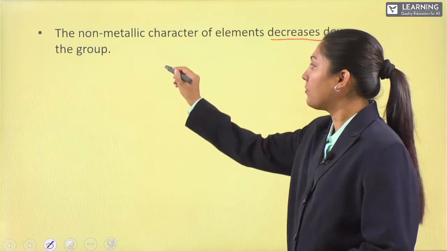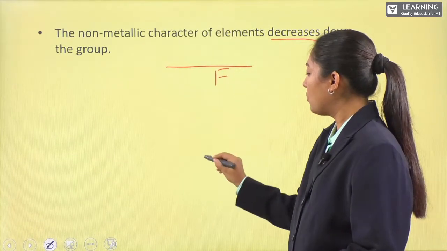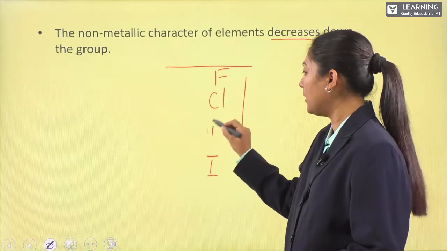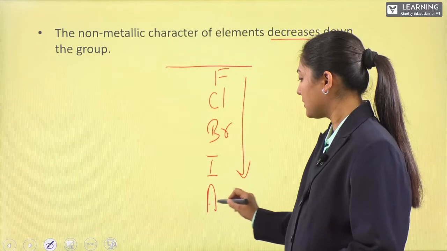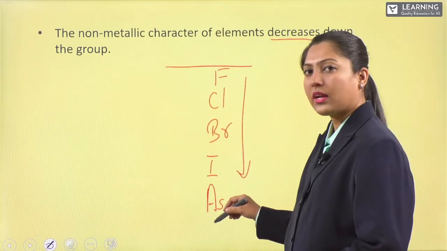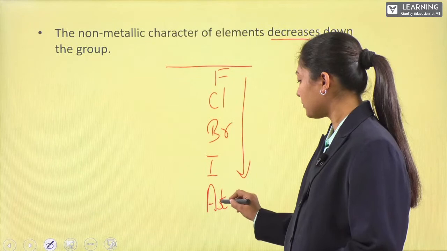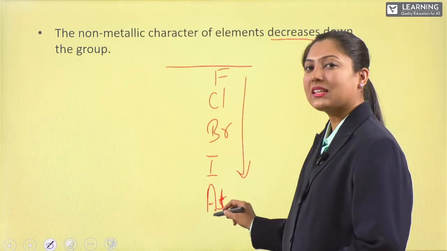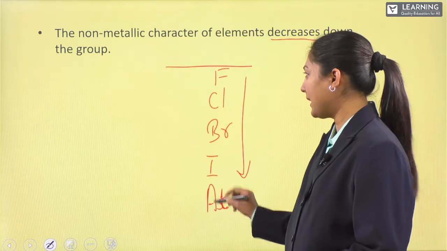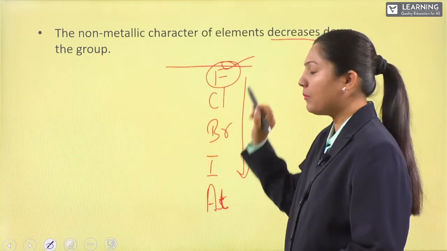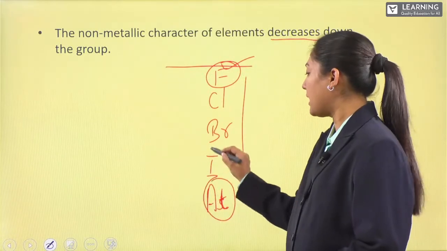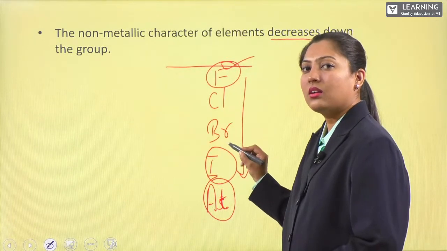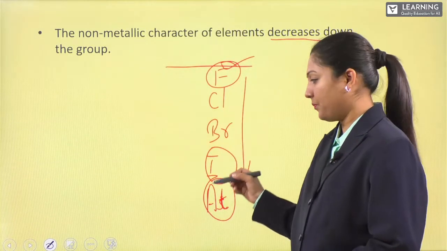If we have fluorine here and iodine here, down the group, fluorine, chlorine, bromine, astatine, what happens? Down the group, we have a decrease in non-metallic property, where fluorine is highly non-metallic, and if we consider just the halogens, iodine is less non-metallic in nature.